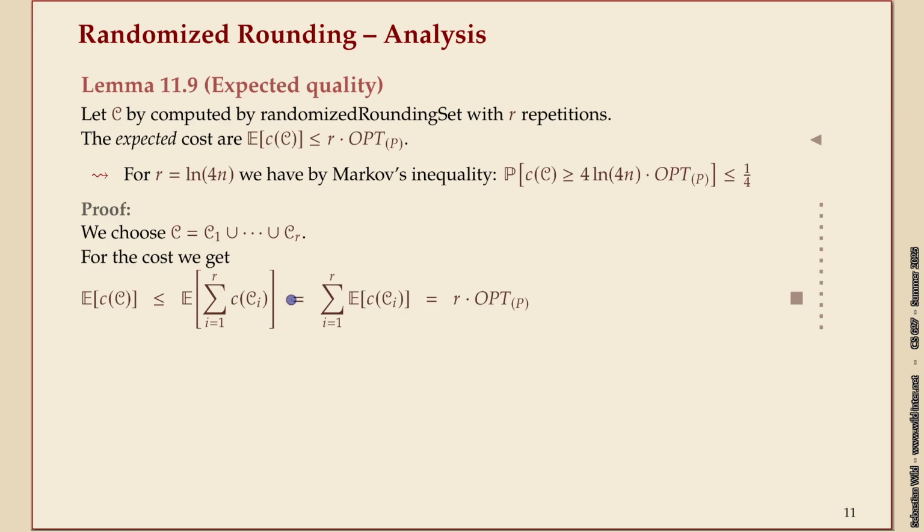Then we use linearity of expectations and move that in. And because these are r identical repetitions, each time the expectation is as we've calculated before, the optimal LP solution. That's how you get this r times as in the claim. Okay.